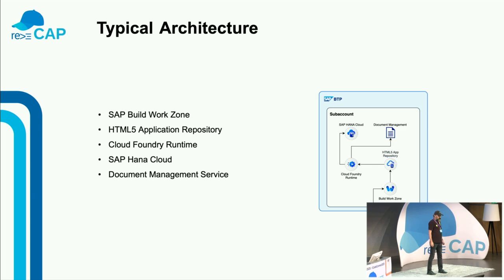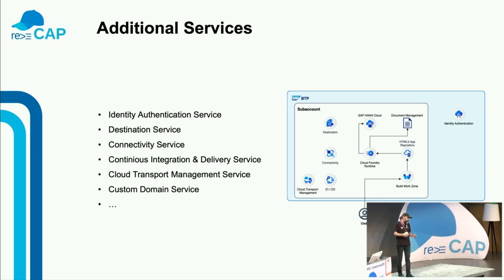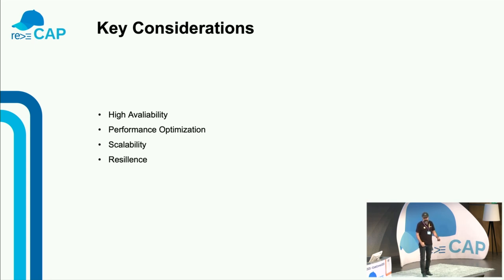And we will publish our application with the SAP Build Workzone. Including these services, we will be using identity authentication service, destination service, connectivity service, maybe CI/CD, CTMS, or even custom domain service. And while using these BTP services, we need to ensure the high availability of our applications.